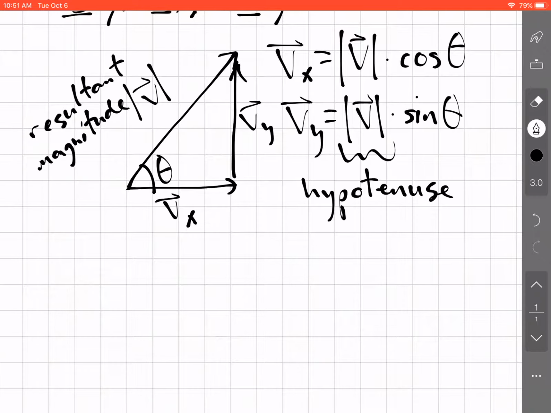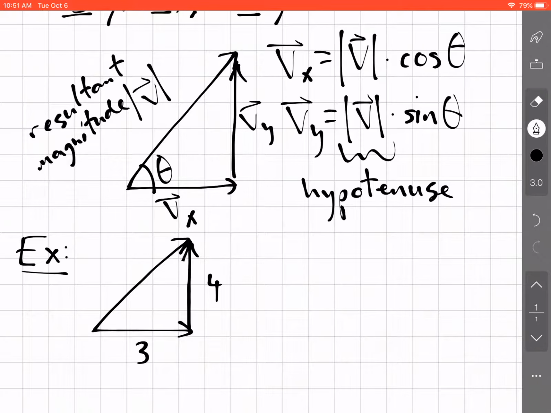Now if I'm given two legs of a right triangle, so let's see here. If I gave you that this is 3 and this is 4 perhaps, and I wanted you to find out what the hypotenuse is, we use the Pythagorean theorem.